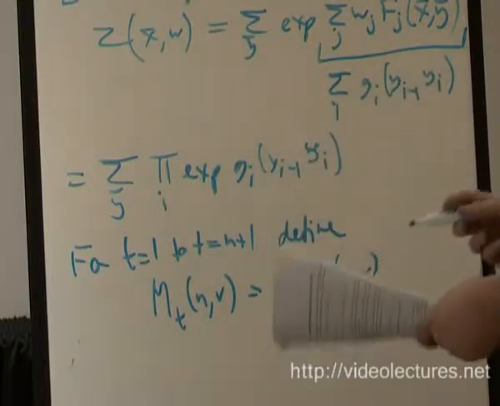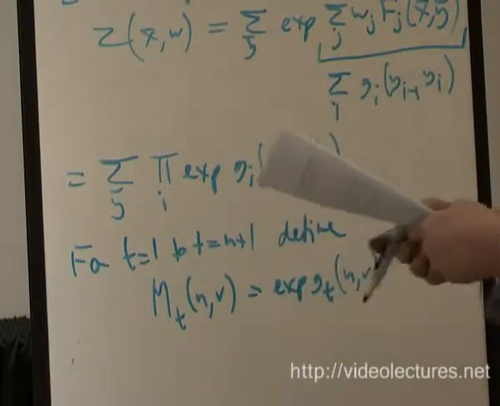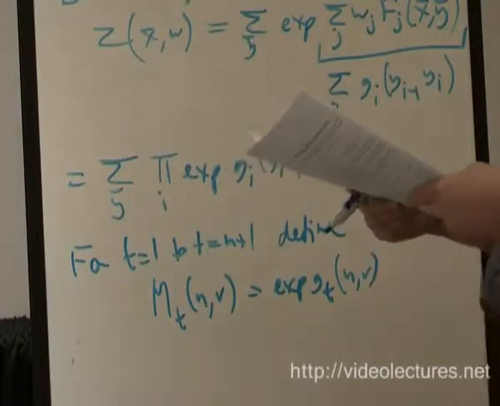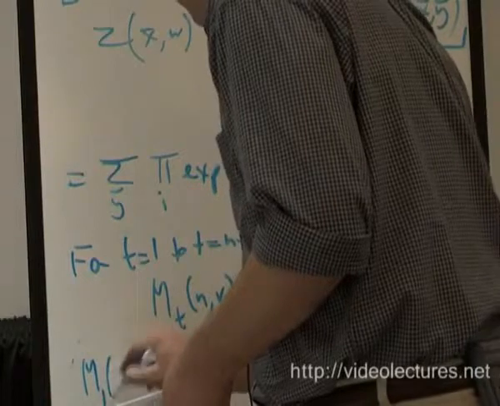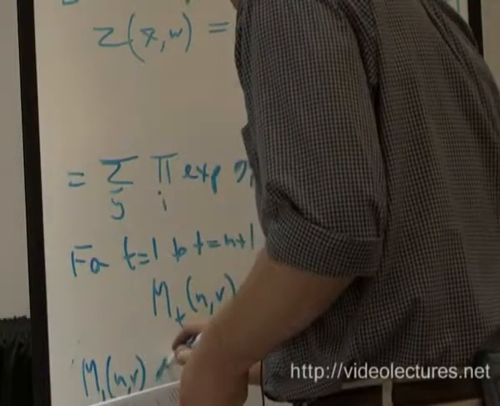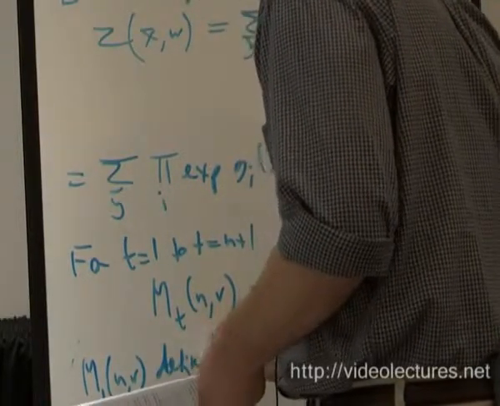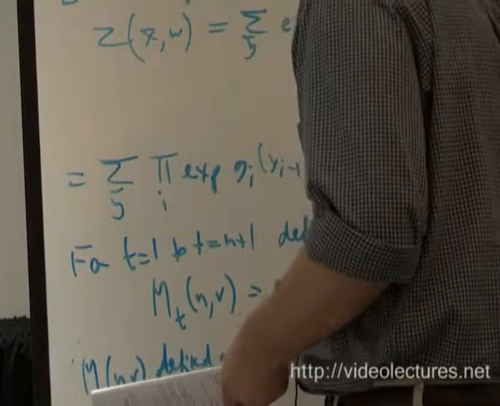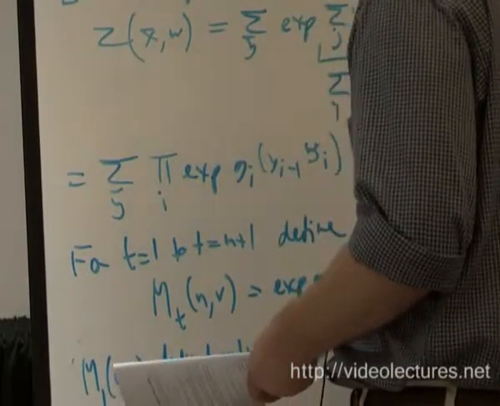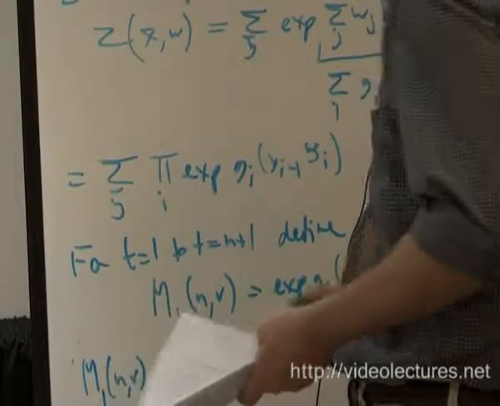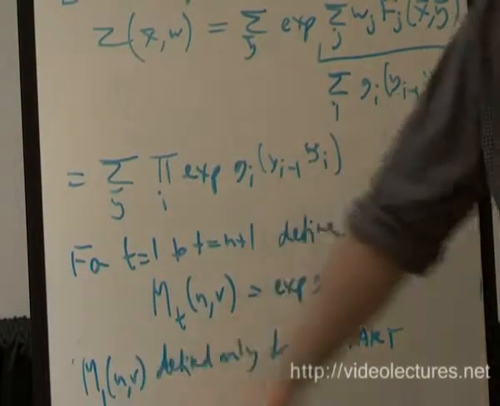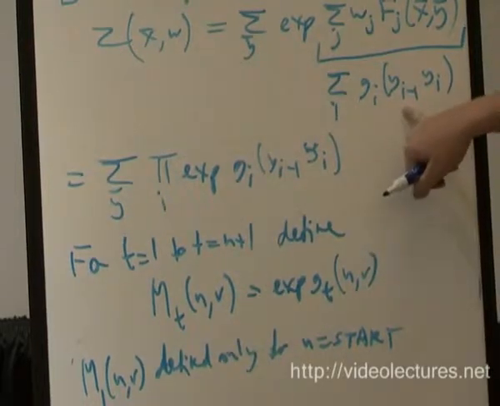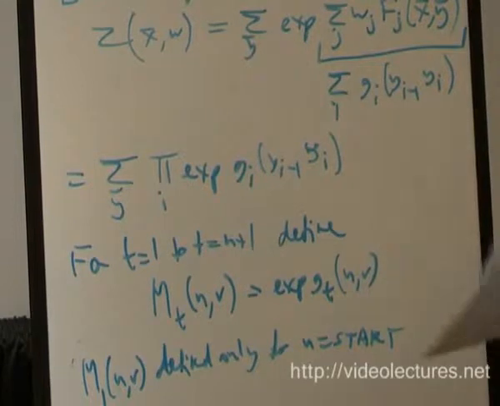And now, okay, so notice that M_1 of u and v is defined only for u equals start. Because M_1 of u, v, well then u would be y_0, and y_0 is always start.